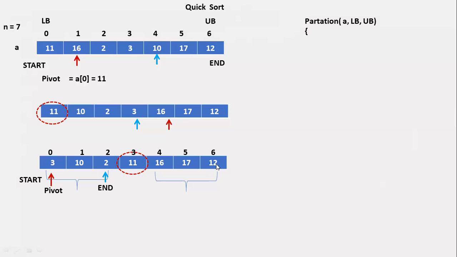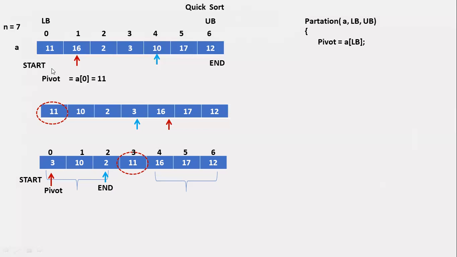Then we have the lower bound and upper bound in the arguments. After that, the first step is to choose the pivot element. What is the pivot element? The pivot element is equal to the lower bound element. So pivot is equal to A of LB.